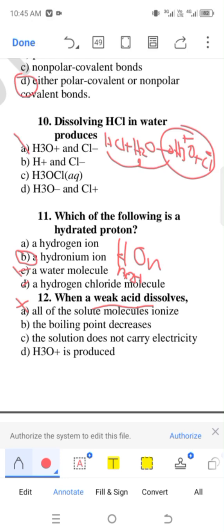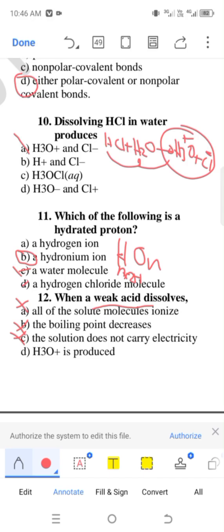No, of course, this is related to colligative properties. Whenever we add a solute into a solution, its boiling point elevates, not decreases. The solution does not carry electricity? The solution does carry electricity, so it's incorrect. The solution of a weak acid is a weak electrolyte.